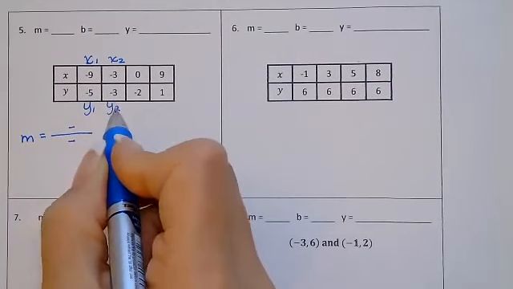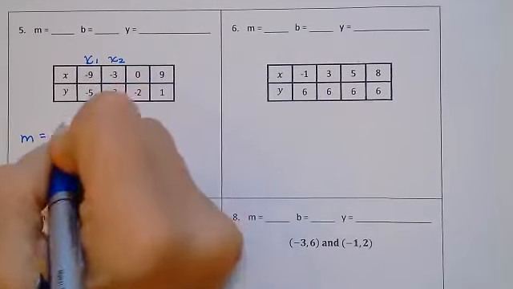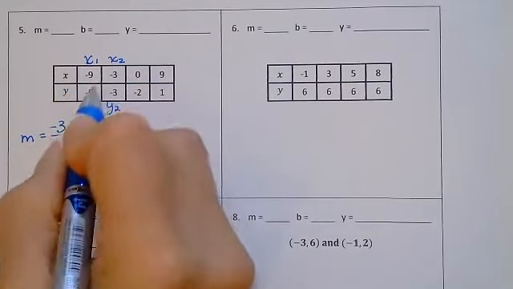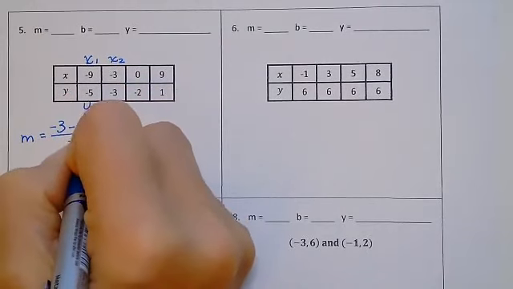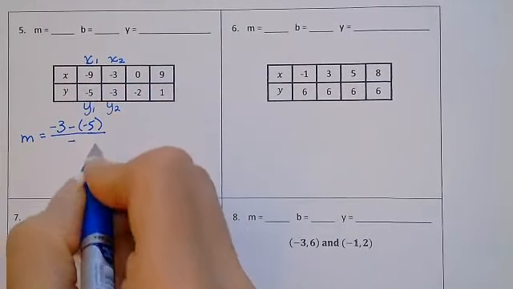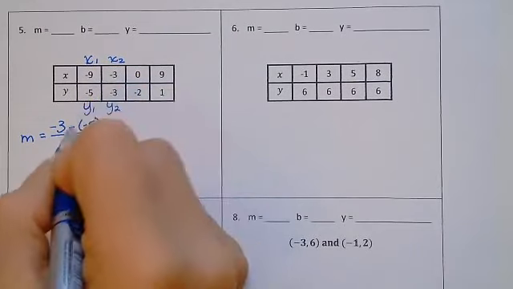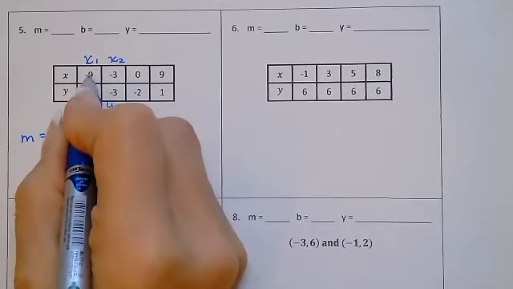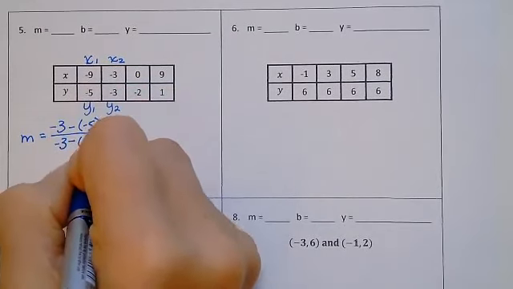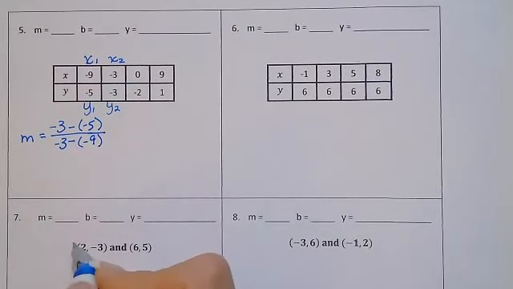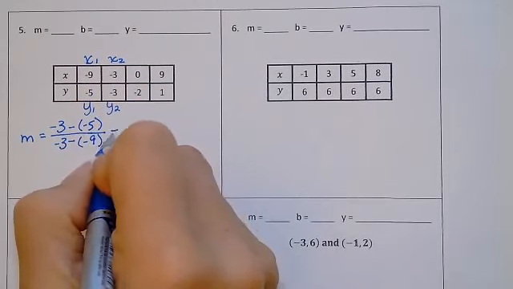And substitute: y2 is -3 and y1 is -5, x2 is -3 and x1 is -9. Okay, time to solve.